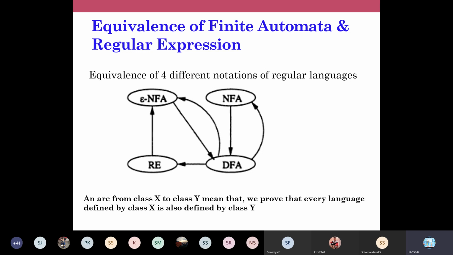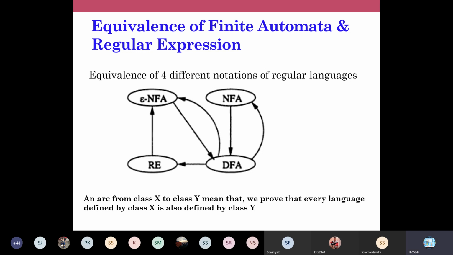We have problems in converting regular expression into epsilon NFA. Here also you have theorems. Your theorem steps denote your problem steps, how to do that conversion. You can count the arrows also. All these arrows denote a certain theorem and a particular type of problem in converting one notation to another notation.